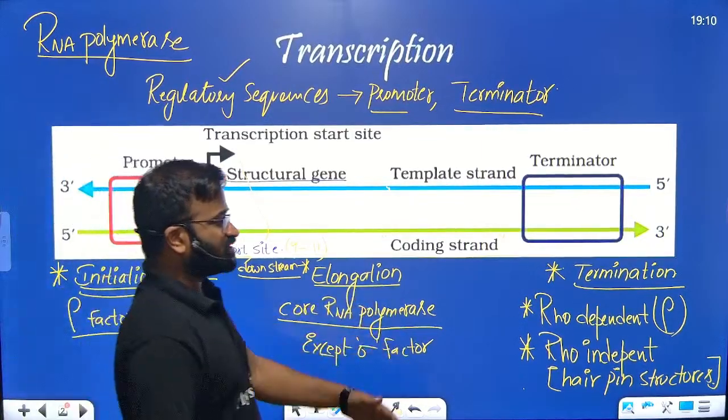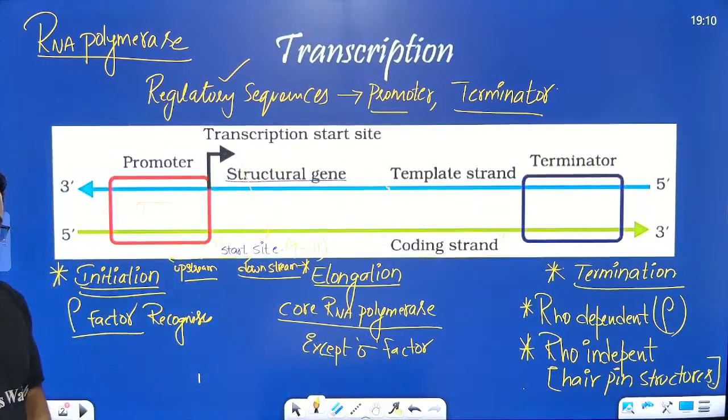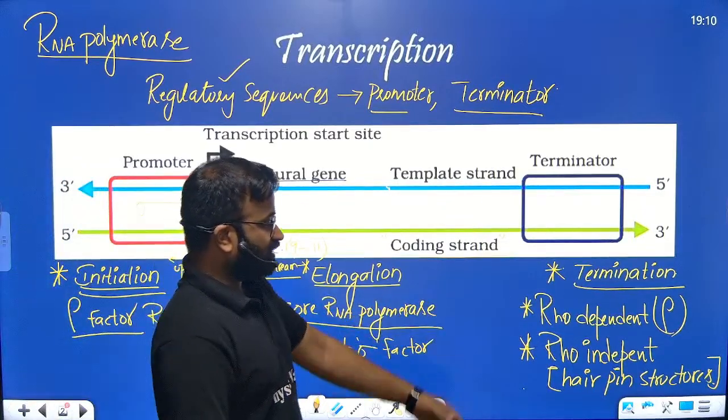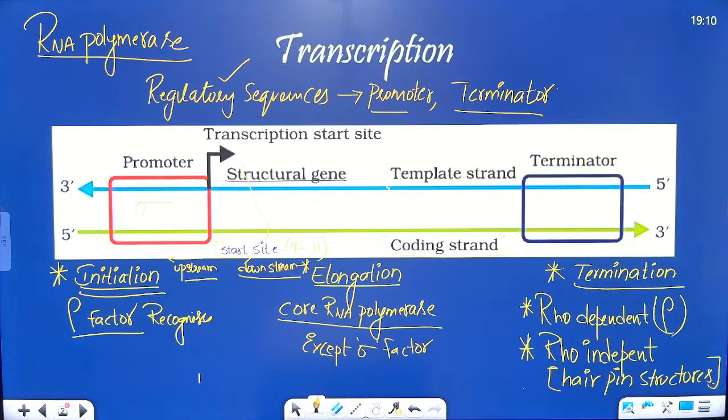The termination is carried out by two means: with the help of a protein called rho protein, that is rho dependent termination, and the other one is rho independent termination, with the help of hairpin loop like structures.